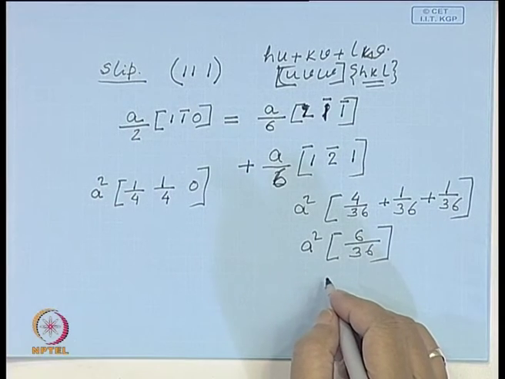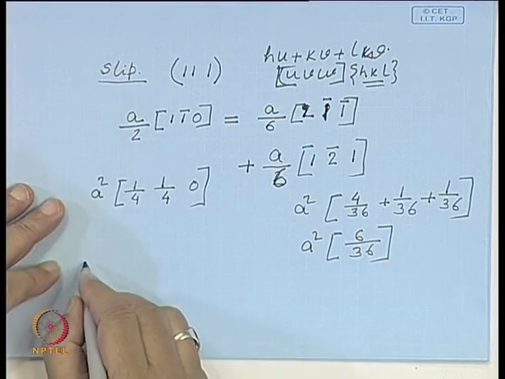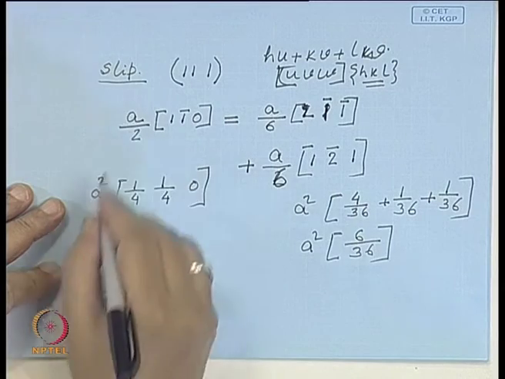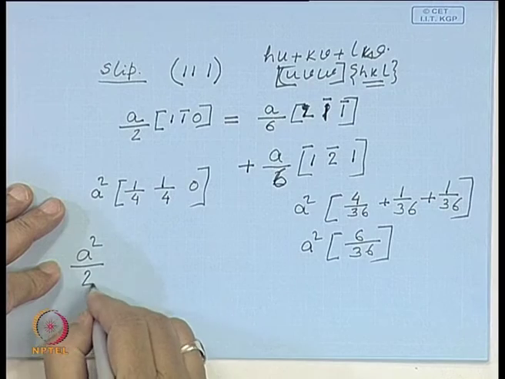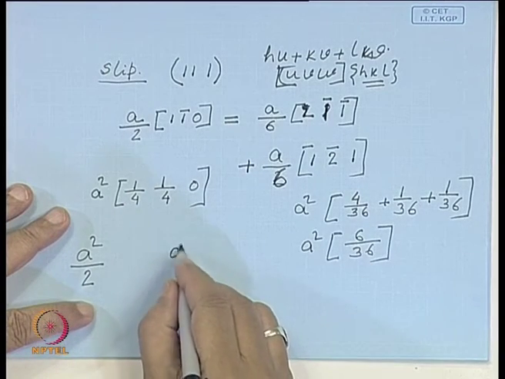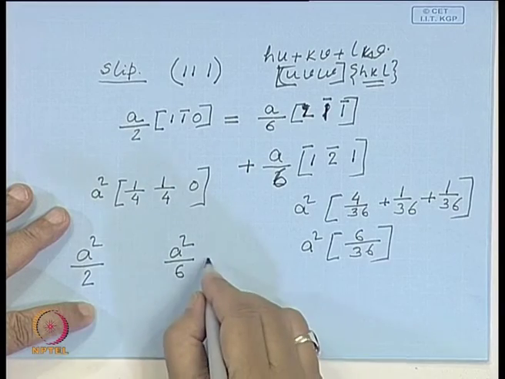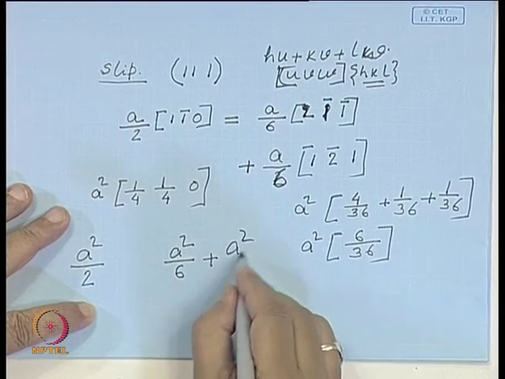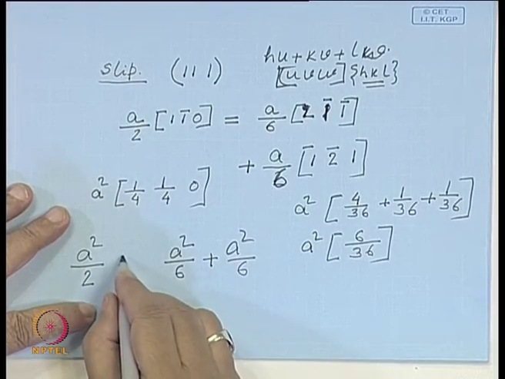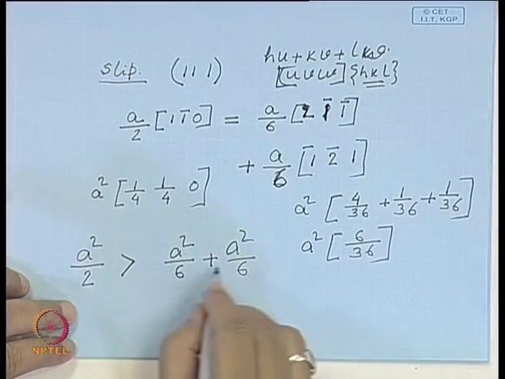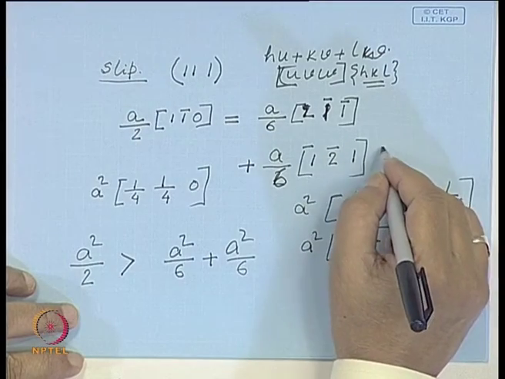You have two of these, a square over 6. Now, if you add this up, you find that the first is greater than this. So this kind of splitting is energetically favorable.